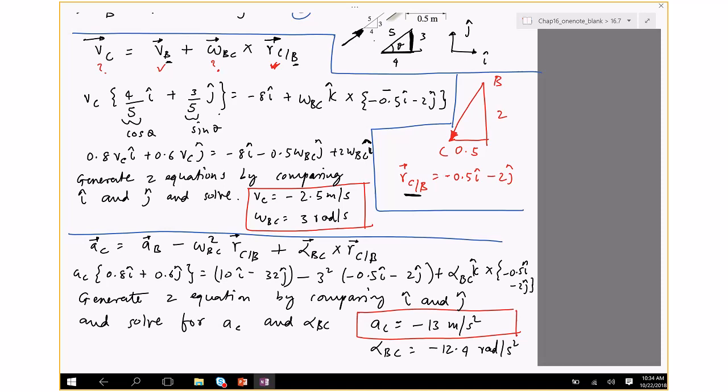And as you've seen in this analysis, a precursor to acceleration is velocity. So you've got to master how to solve for velocity. Without that, you cannot solve for acceleration, because we had to find a piece of information, omega BC, which was later used in this equation.